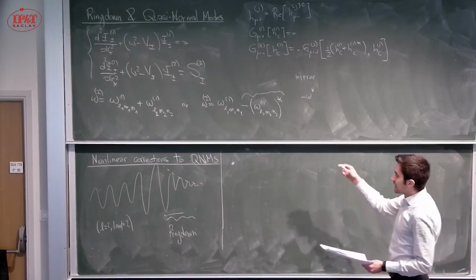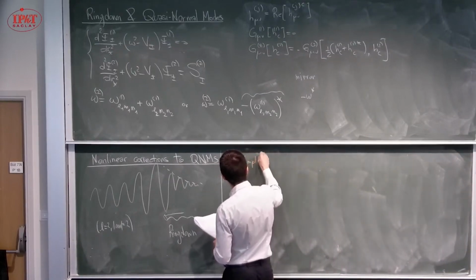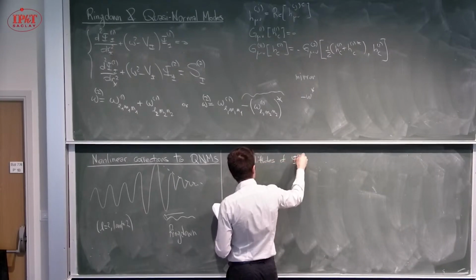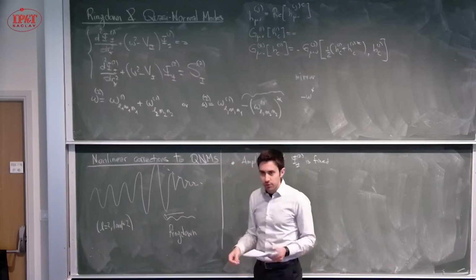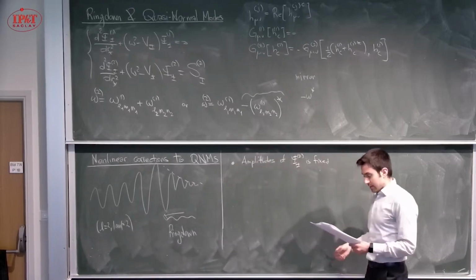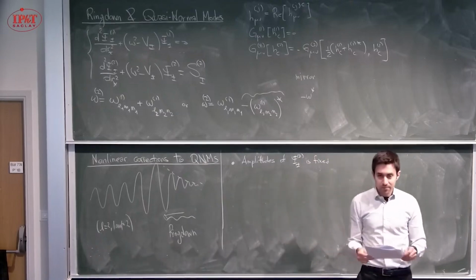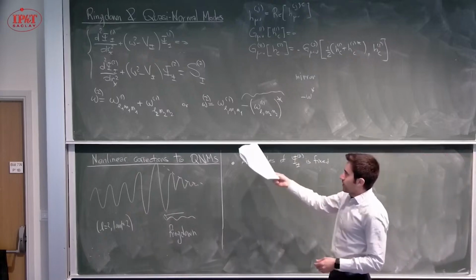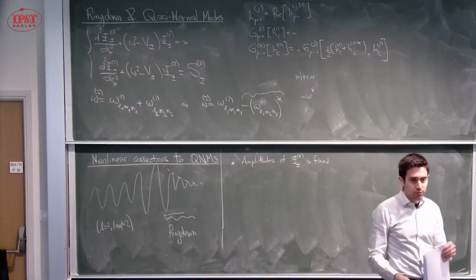Here, instead, the amplitude is fixed. Amplitudes of psi plus minus 2 are fixed in terms of first-order quasi-normal modes, for obvious reasons, because you're solving an inhomogeneous equation. And that's the whole point, in the sense that the frequencies are already determined here. So the whole problem is to find the amplitudes.